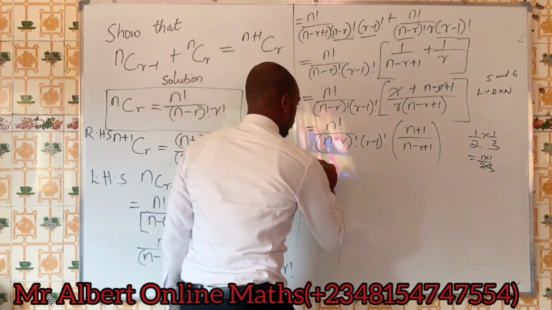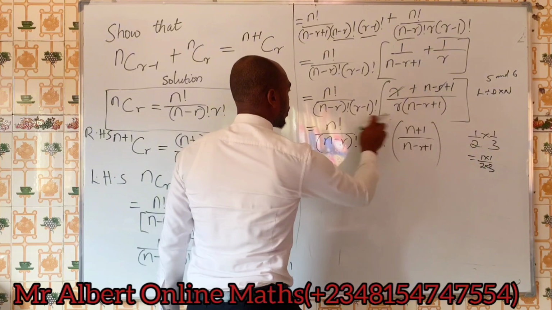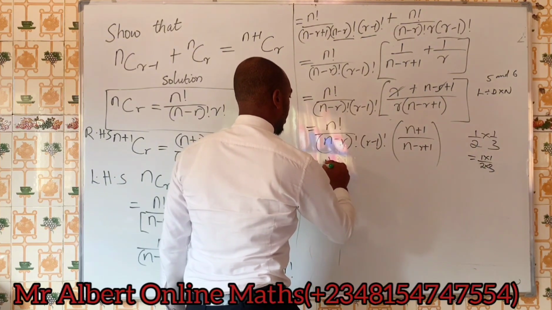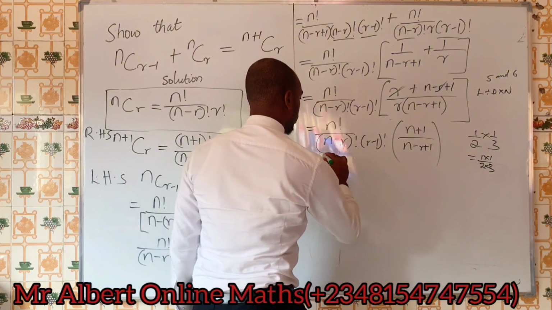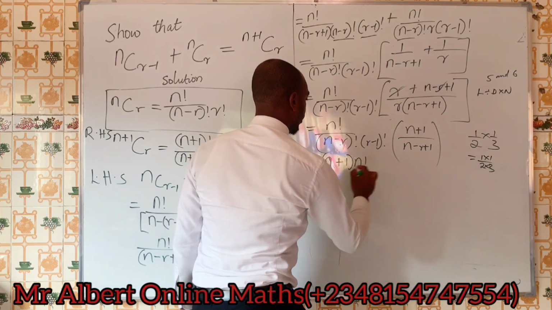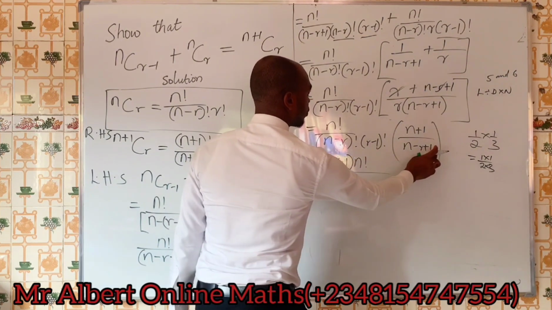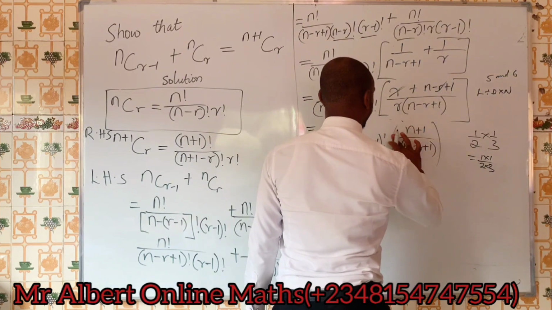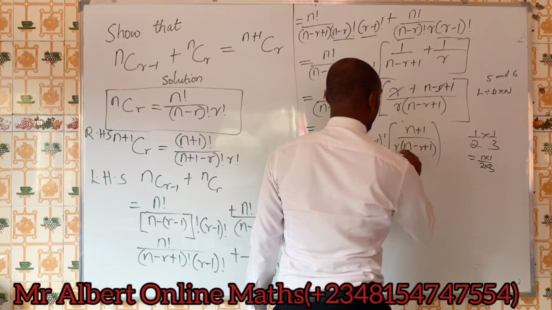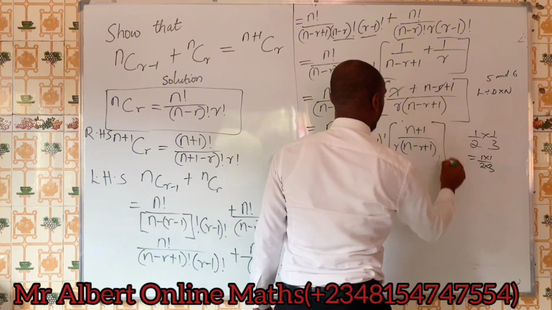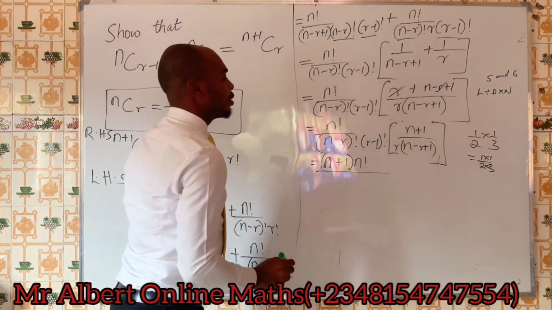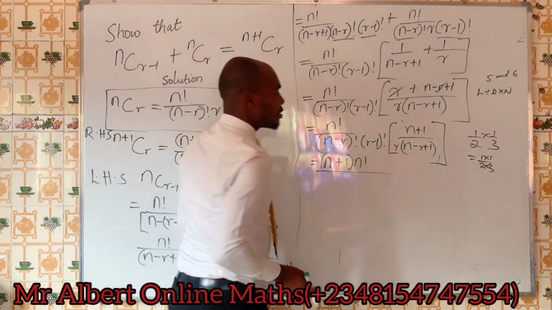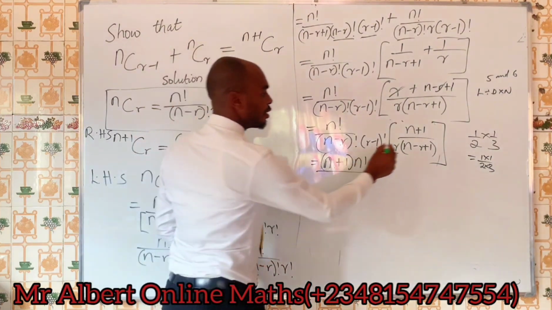The first thing we do, this n plus 1 times n factorial, we have n plus 1 times n factorial. The same thing here. We did not put this r, so I'm going to do it this way.